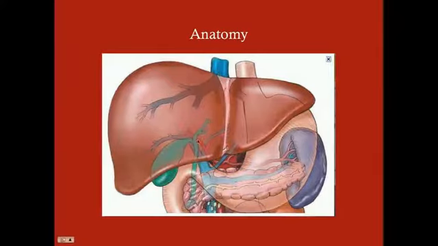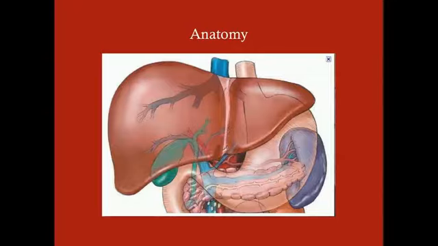The biliary tract deserves some mentioning here, since we're going to talk about a tumor that affects the biliary tract. So we have our hepatic ducts, which drain bile from the liver. There's both a left and a right hepatic duct. They come together and form the common hepatic duct. So left hepatic, right hepatic come together, form common hepatic. That makes sense. That receives the cystic duct, which drains from your gallbladder. And when the cystic duct and the common hepatic duct come together, it forms the common biliary duct.